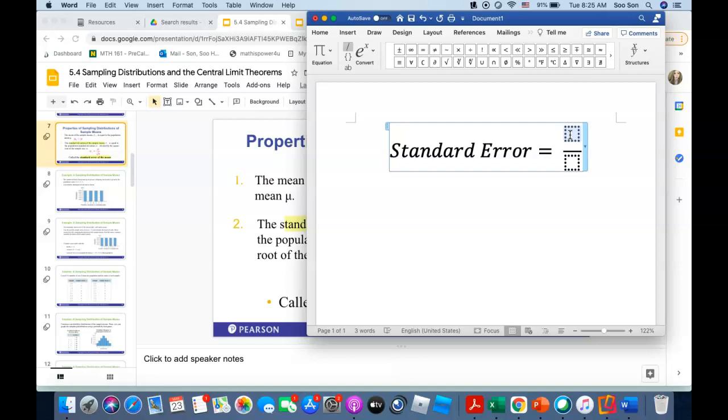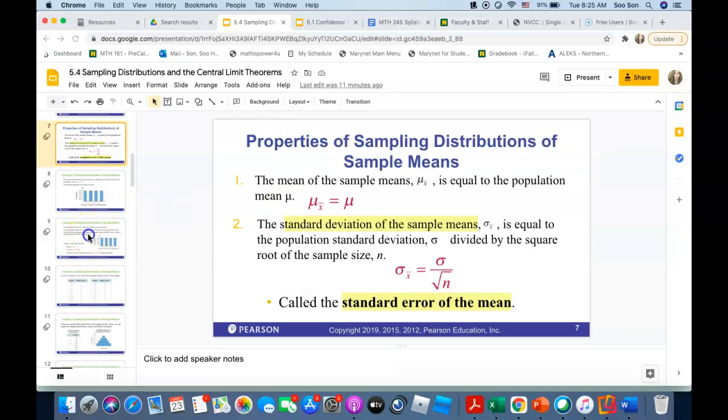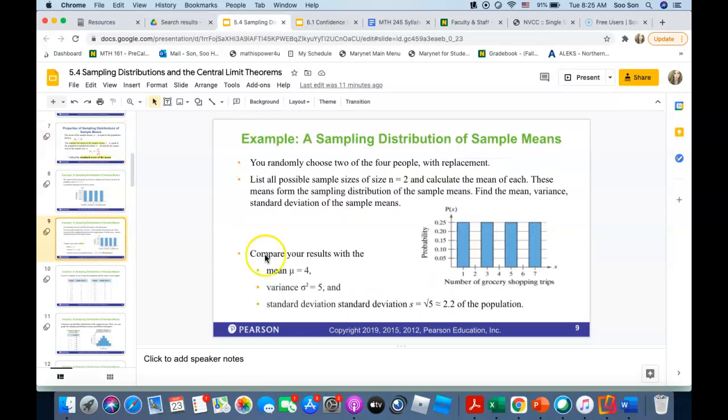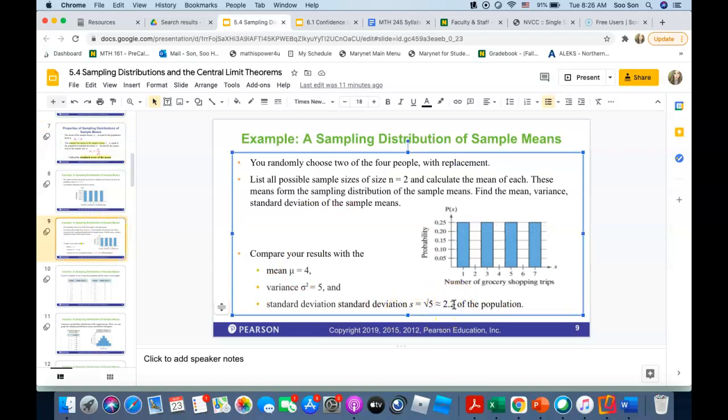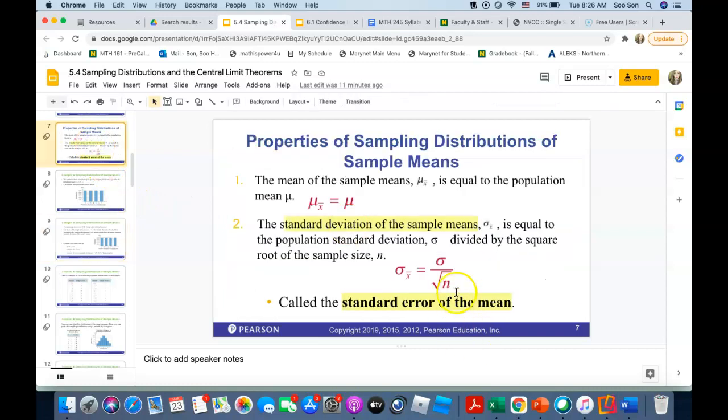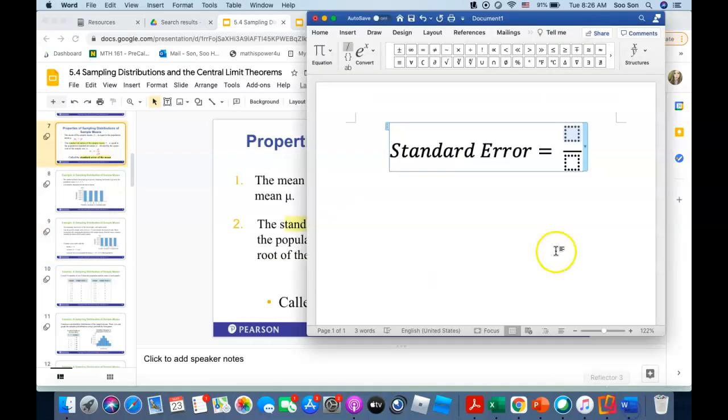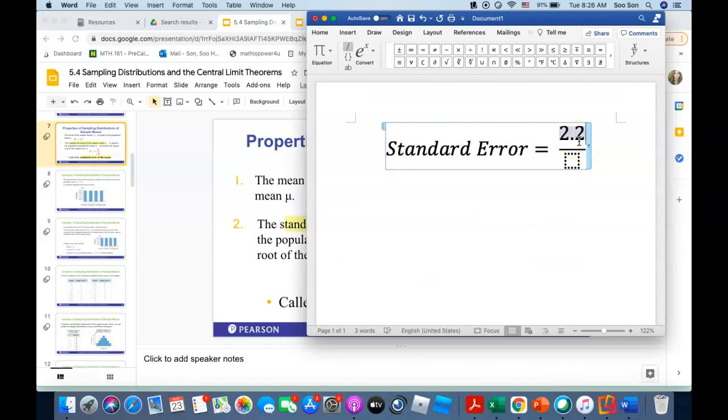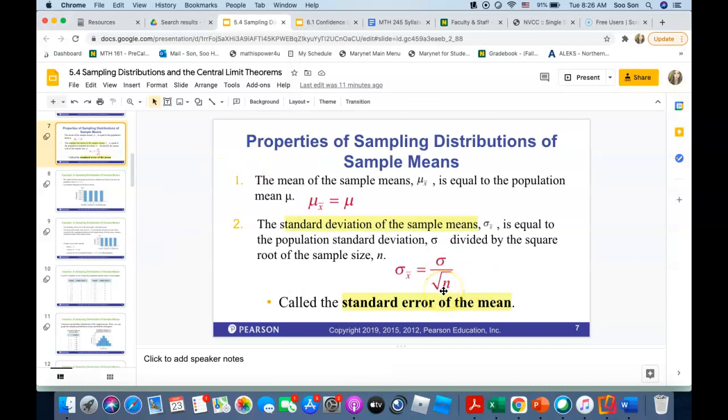And they gave that to us, which was on this slide: 2.2. So I'm going to put 2.2 on top of the fraction, as you can see in this formula. The bottom of the fraction has to be the square root of n. N is the sample size.